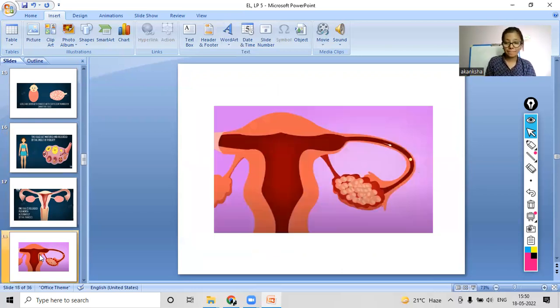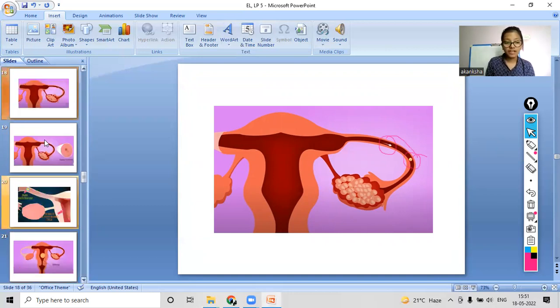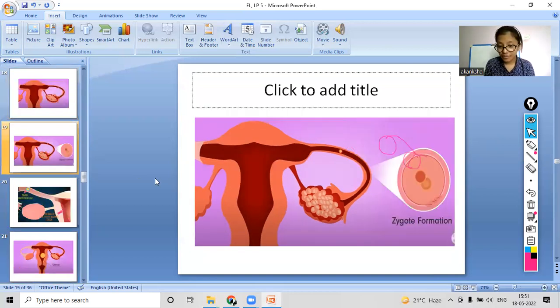As you can see, this sperm is moving towards the egg to get fertilized, and then the fertilization will happen. This photo shows you the process of fertilization. See here, the zygote is formed after the fusion of the male and the female gamete.